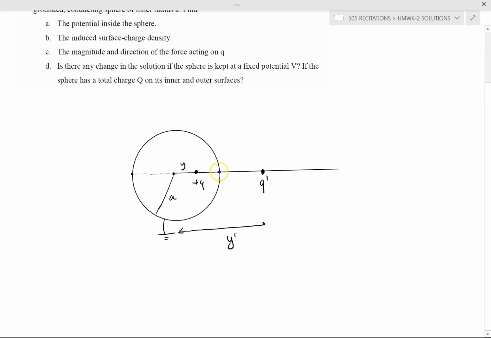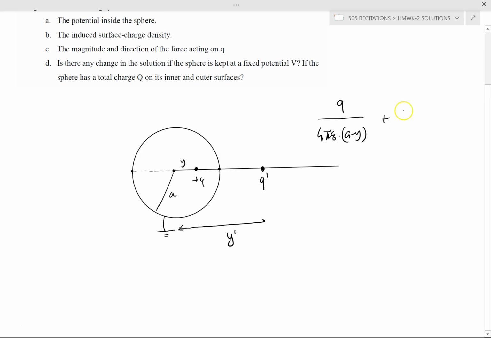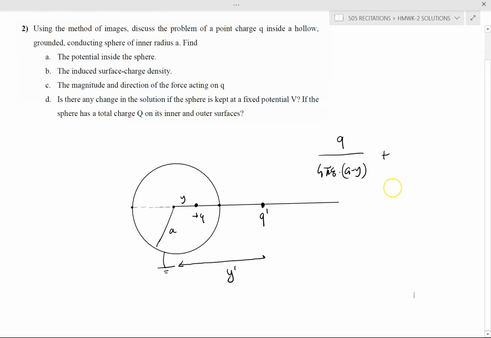At this point, the potential is Q over 4πε0 (a minus y) plus Q prime over 4πε0 (y prime minus a) is equal to 0.